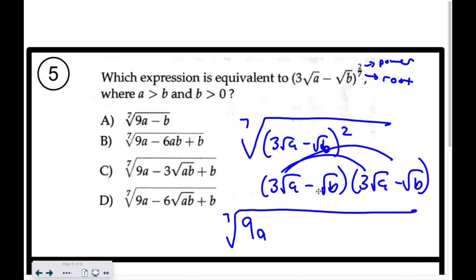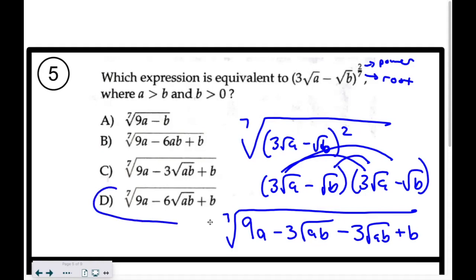And then my outer is going to be minus 3 root a times root b is root ab. And then again, I'm going to get another minus 3 root ab. And then minus root b times minus root b is plus b. And now I can see that I have minus 3, and minus 3 is going to give me minus 6. So the answer is D. Seventh root of 9a minus 6 root ab plus b.